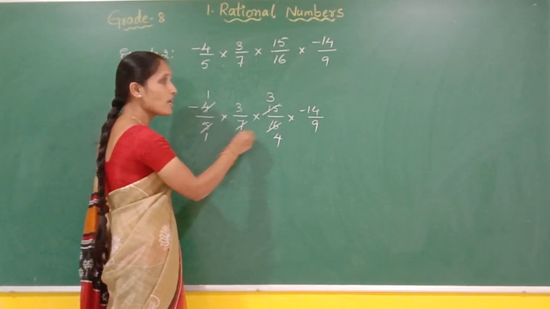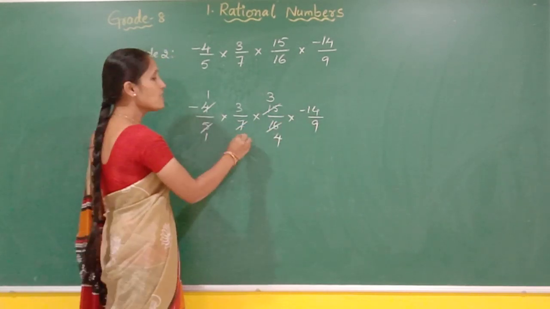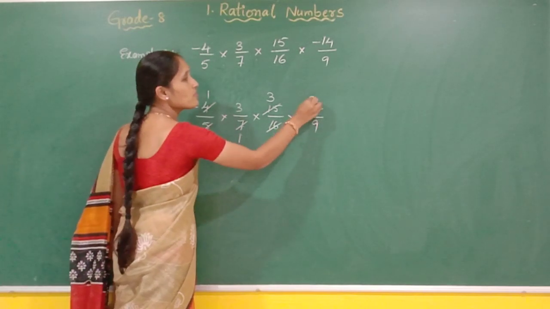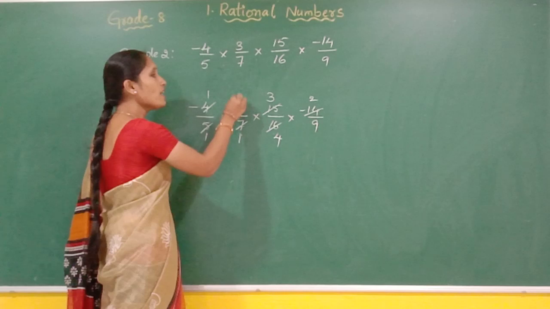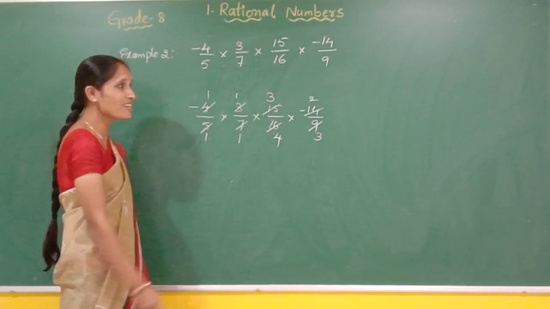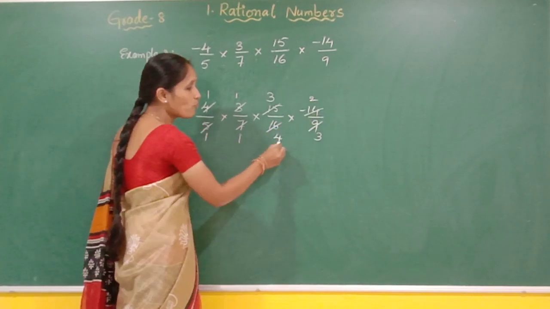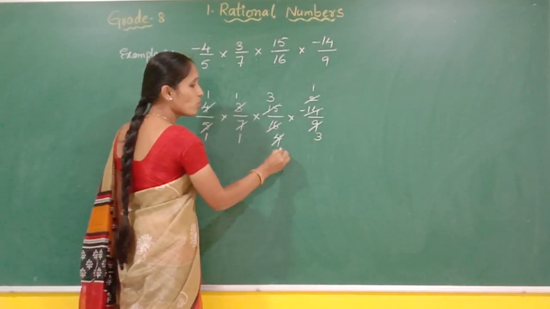This is 7 and 14. What is the common factor? 7. 7 1s are 7, 7 2s are 14. In the same way, 3 1s are 3, 3 3s are 9. This numerator 2 and 4 also have the common factor 2. 2 1s are 2, 2 2s are 4.